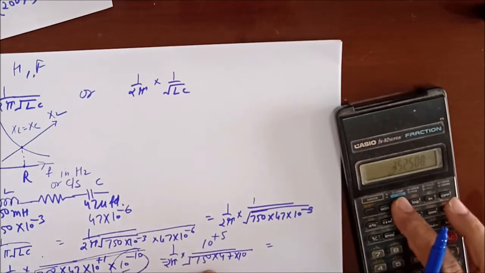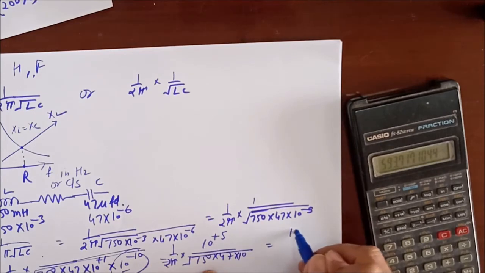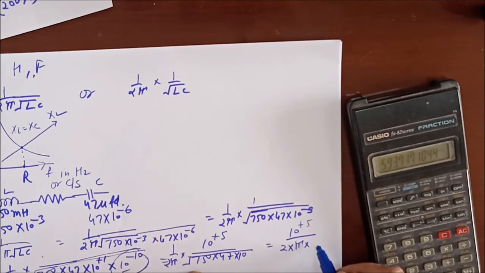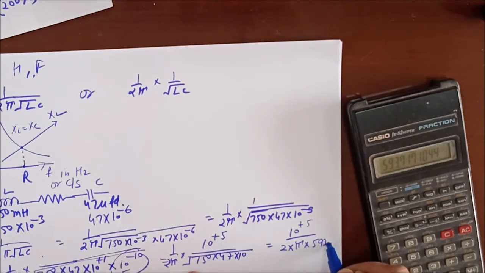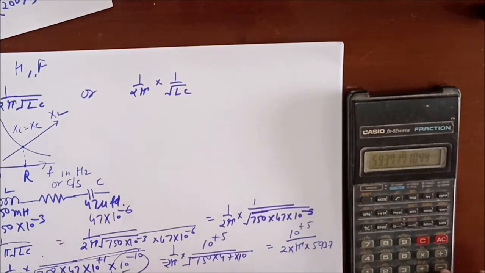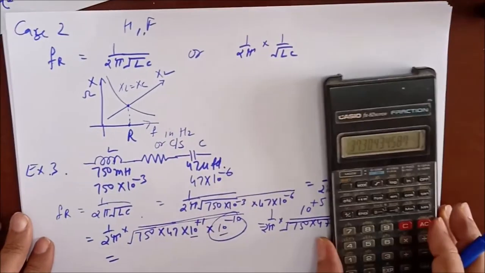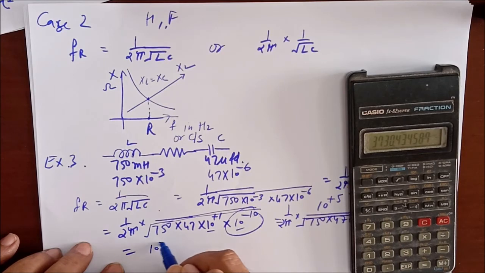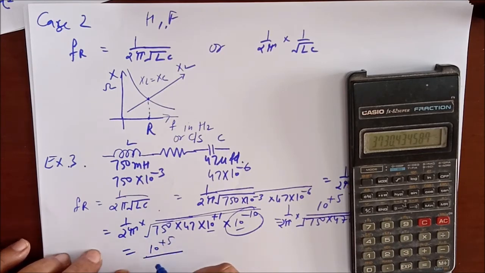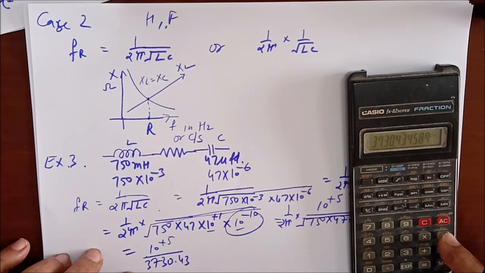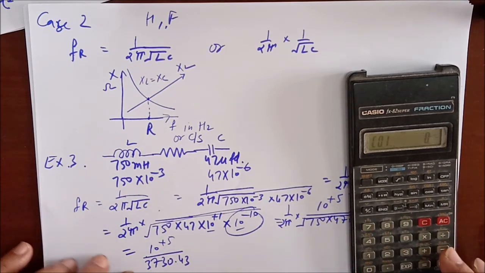Okay, to save time, straight away taking the root. So this is equal to 10 raised to plus 5, 2 into pi into 593.7 remaining, or into 2 into pi equal to, this is equal to 10 plus 5 by 3730.43, and divide 2 times so that it can go to bracket start, because I have to use power.